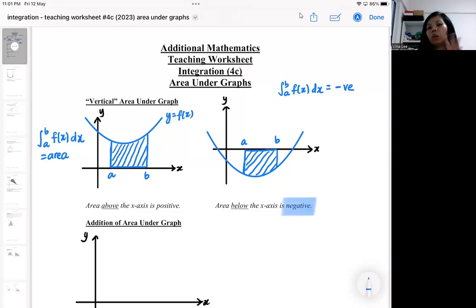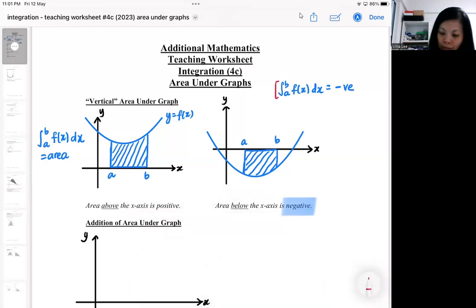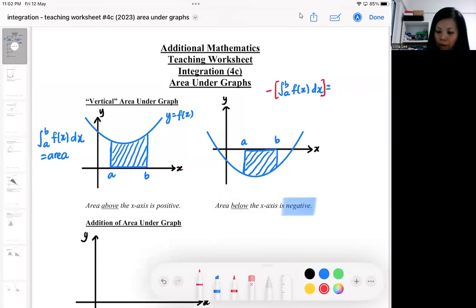But we know that area cannot be negative. So in order to counter the negative, you put a bracket with a negative, and you will end up getting a positive area.